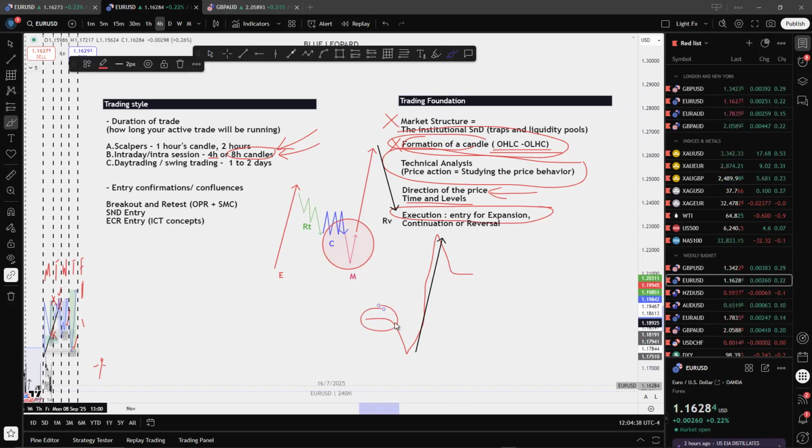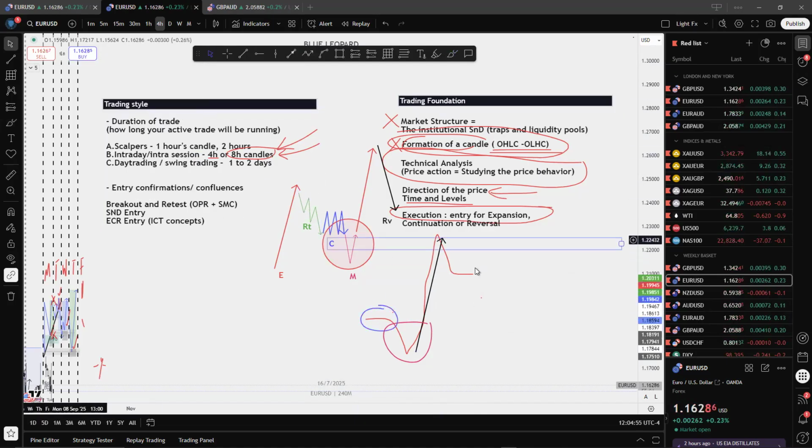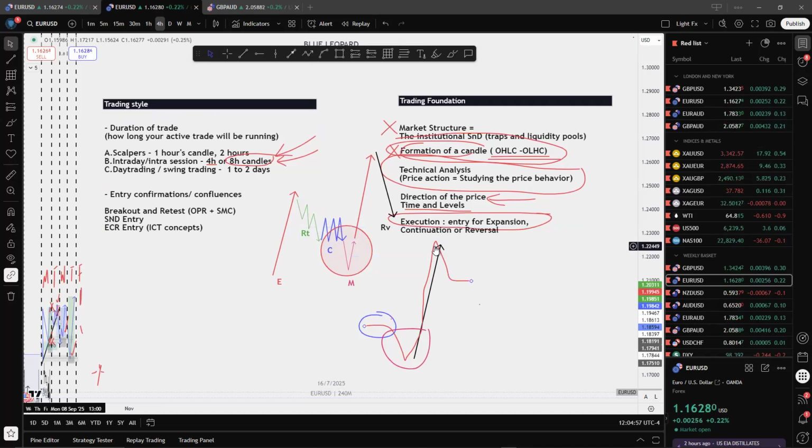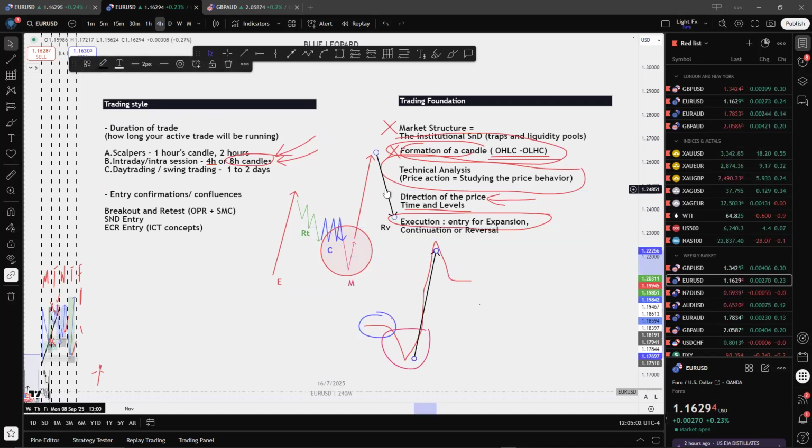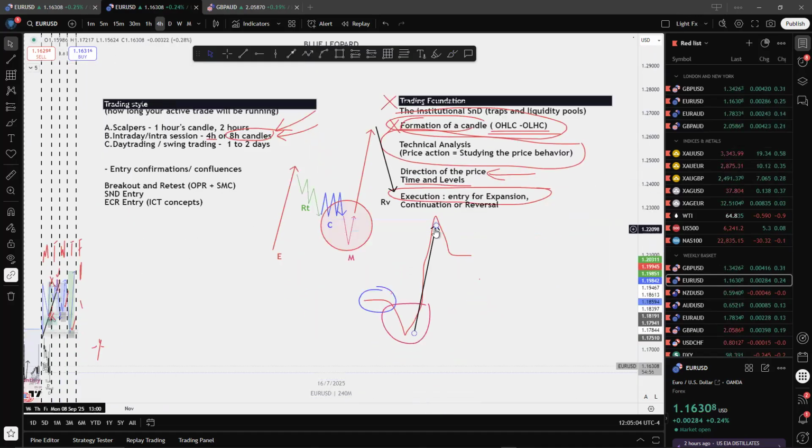Manipulation. What happened? Consolidation first. What happens here? Manipulation. Manipulation was pink. Here, consolidation. Let's choose this one and put it in blue. Expansion was red. And then when we see a reversal here, we close because the reversal here could tell us that we need to get out now.